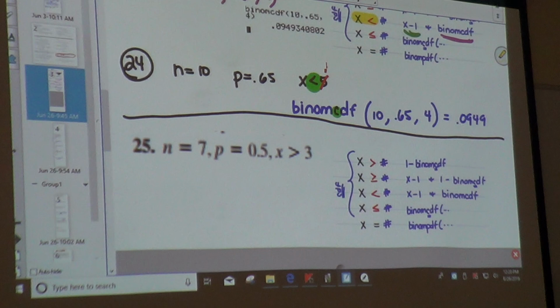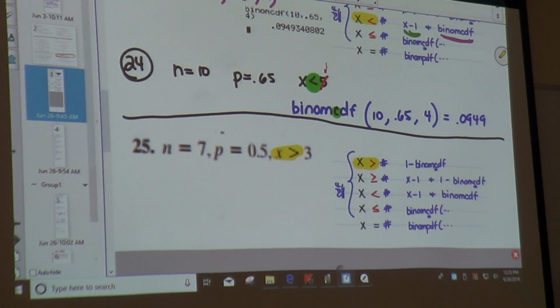All right, for this one, it is a greater than, so we're going to do 1 minus the binomial CDF of 7, 0.5 and 3. Because it didn't tell me to take X minus 1, it told me to take 1 minus the answer.